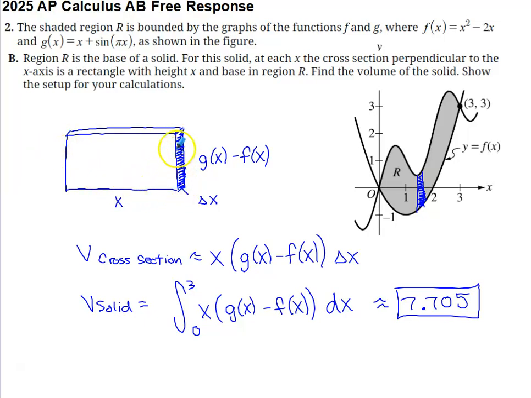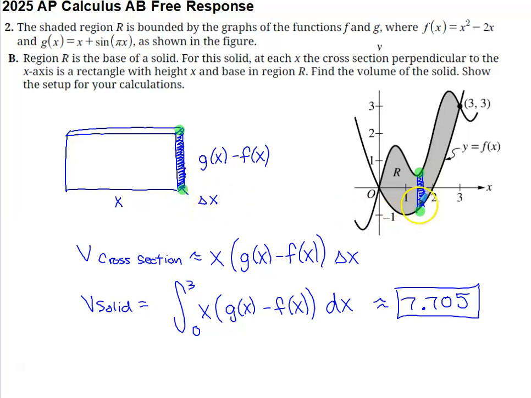This edge of the cross section would have to fit perfectly back down into the base of the solid from where I removed it, which tells me that this dimension on the rectangle from top to bottom is going to be given by this dimension from out of the coordinate plane, top y value minus bottom y value, which ends up being g of x minus f of x once again.